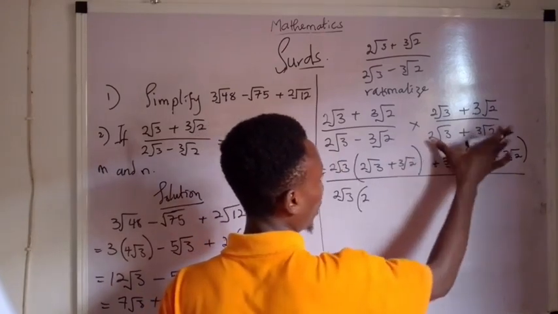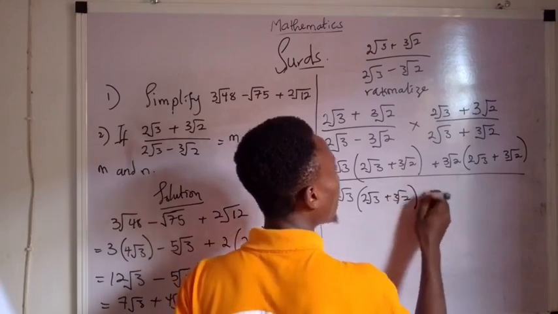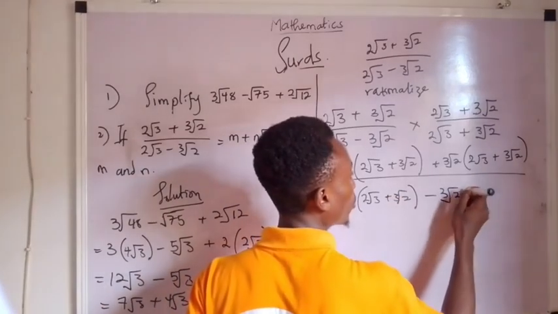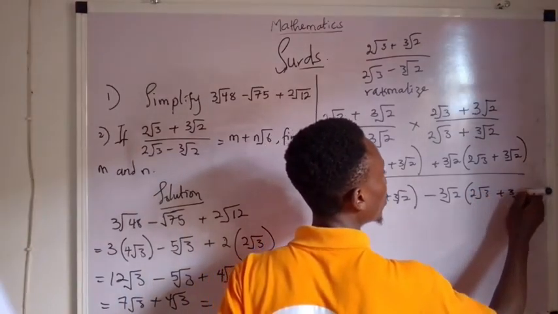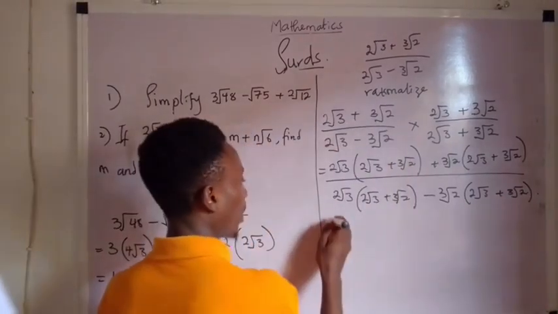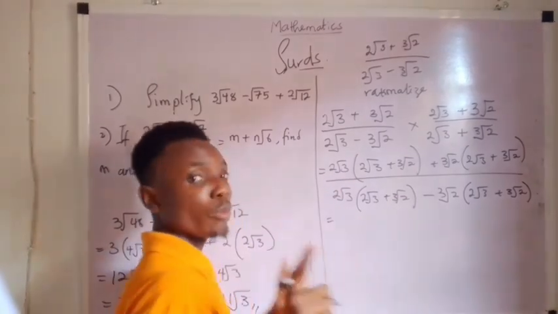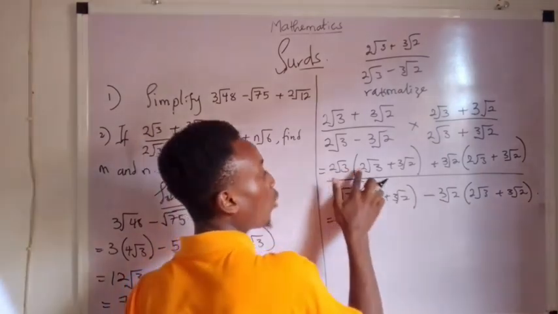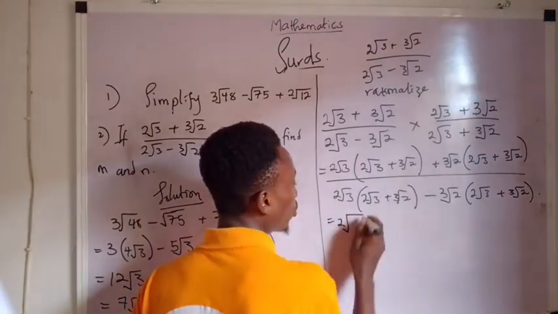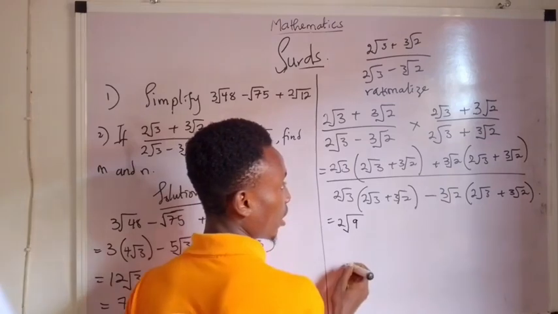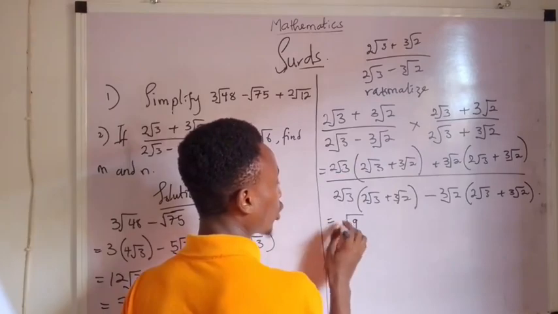You are taking this one now to expand this one: 2 root 3 plus 3 root 2 minus 3 root 2, take note, 2 root 3 plus 3 root 2. Now, we're expanding. When you multiply something like this, whole number will multiply whole number, surd will multiply surd. You have 2 root 3 times root 3. Root 3 times root 3 is root 9. 2 times 2, sorry, this will give us 4.